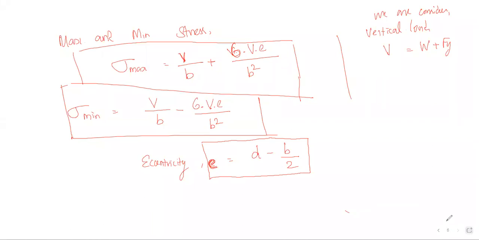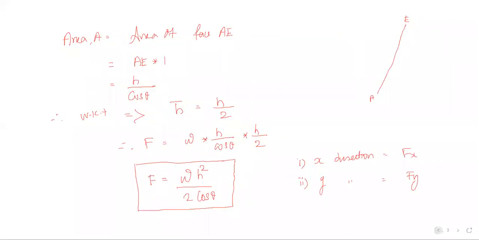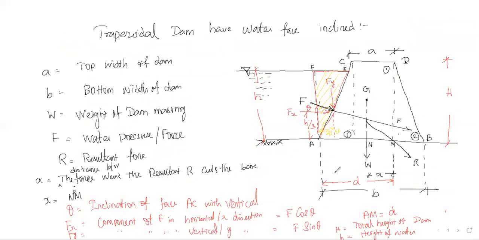Now we can know that D is nothing but, from the diagram, D is equal to AN plus NM.